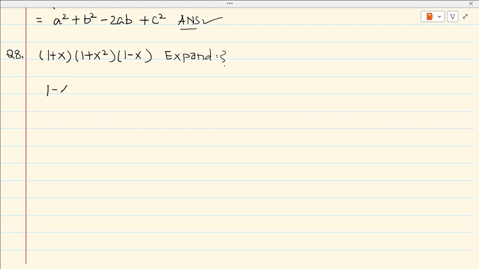It is 1 minus x square. 1 plus x square, correct? And multiply, we will get 1 minus x to the power 4. So this is our answer for this question, correct?